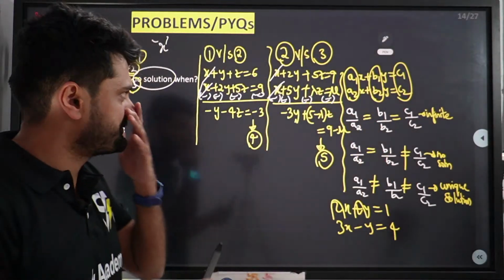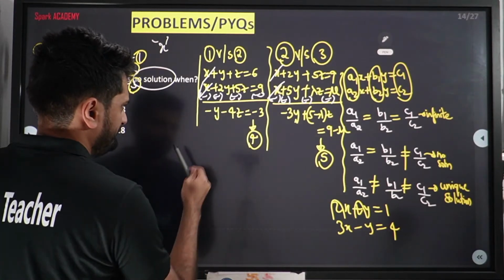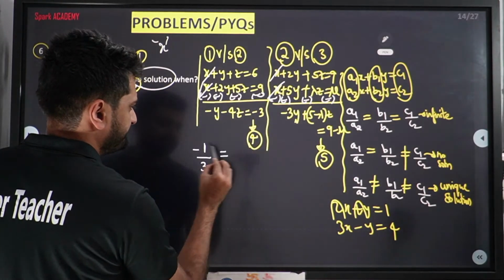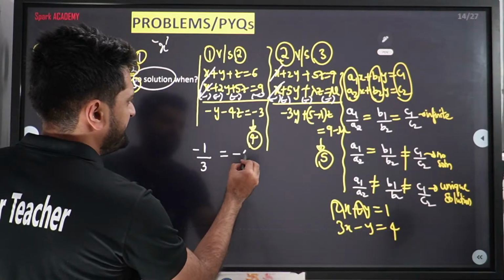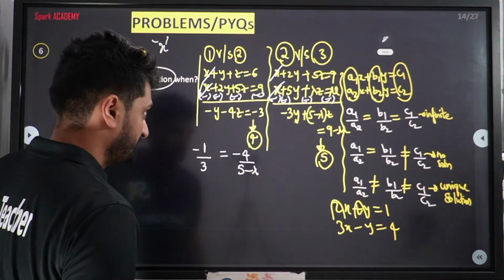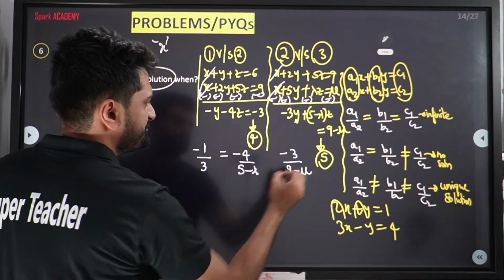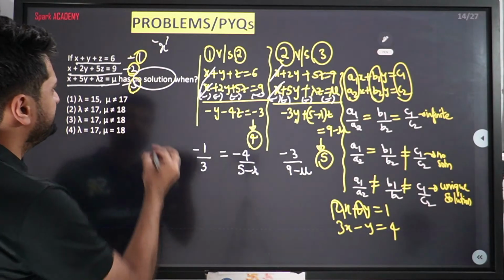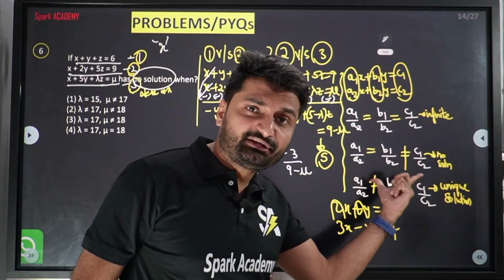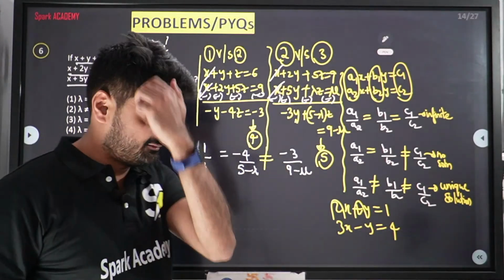This coefficient is minus 1, this coefficient is minus 3, this is minus 4, this is 5 minus lambda, this is minus 3, and this is 9 minus mu. So what is the condition for no solution? For no solution, the left hand side terms should be equal, but that shouldn't be equal to the right hand side.